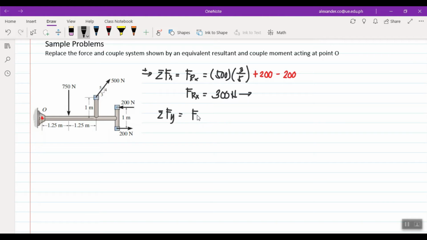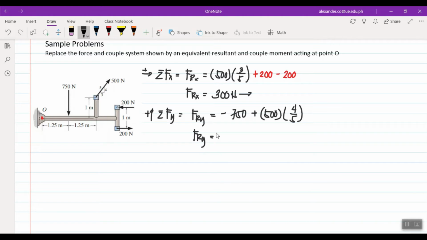So, resultant sa y. Lahat naman ng pataas is positive. So, start here. That will be negative 750. Okay? Then, plus this one kasi pataas. Ano yung slope? It's now 4 over 5. So, wala to. Dito kasama, di ba? Obviously.